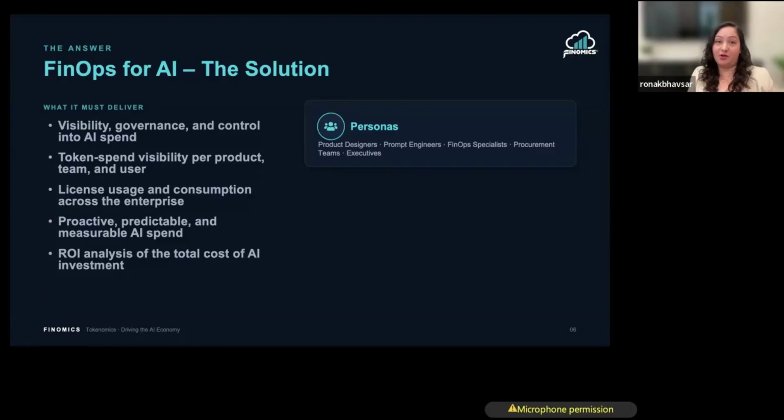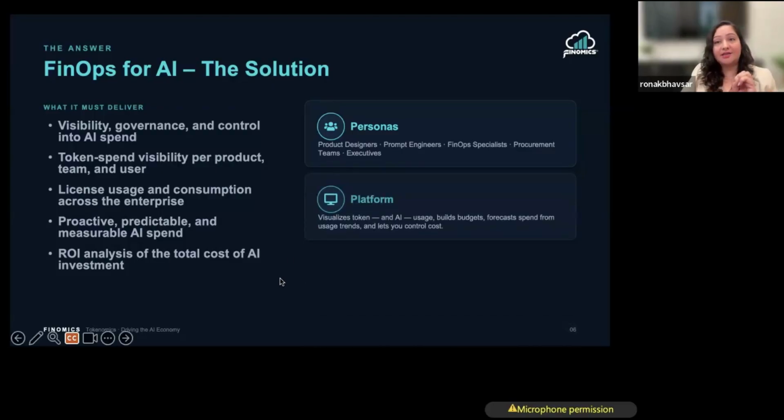Prompt engineers need to be part of this conversation. They need to understand how the prompts they are writing affect the overall ROI, or at least the token consumption and the cost. Your data scientists, your procurement team, obviously, because they are the ones approving the licensing cost. Executives, of course, because they are trying to figure out how much it is costing them, why it is costing this much, and they will need some visibility into this.